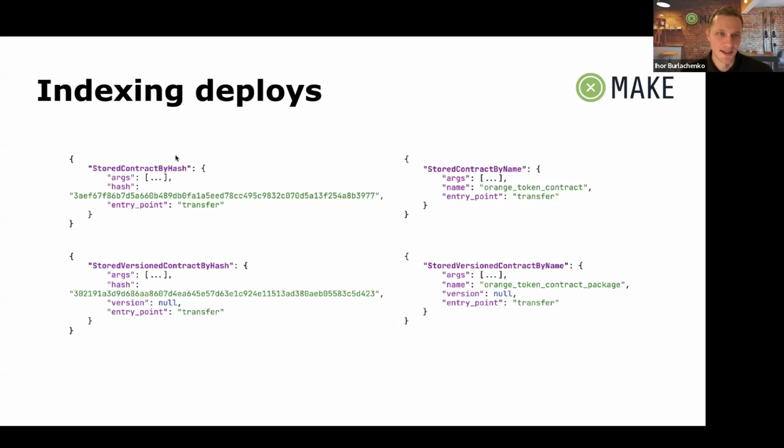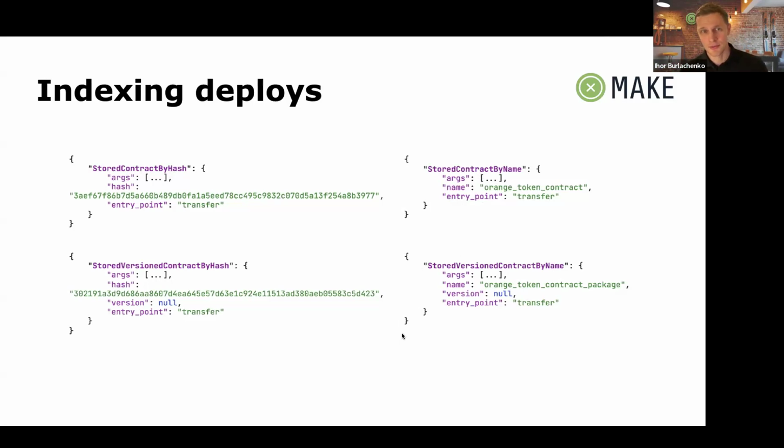You can call it by contract hash directly, you can call it by contract package hash, like for versioned contracts. You can also call a contract by an alias that you specify for that contract, and the same, you can specify an alias for the contract package. That's already four use cases to cover.